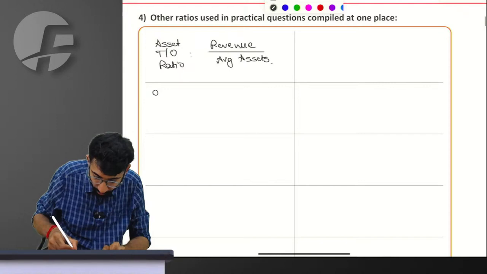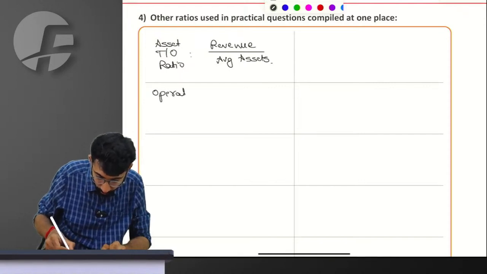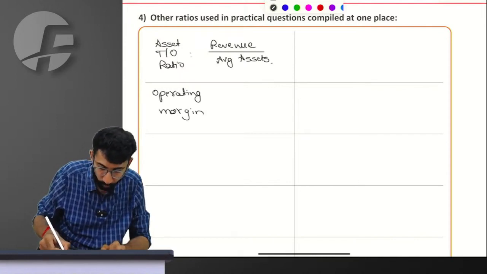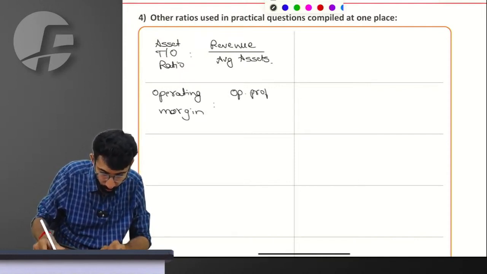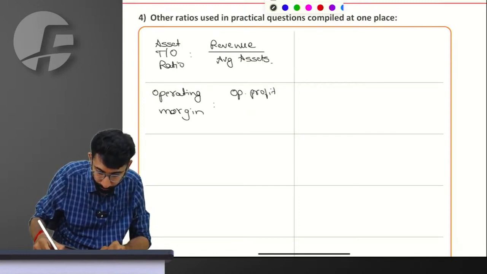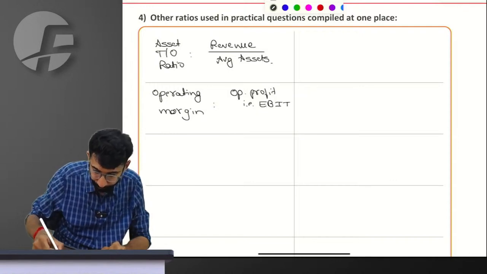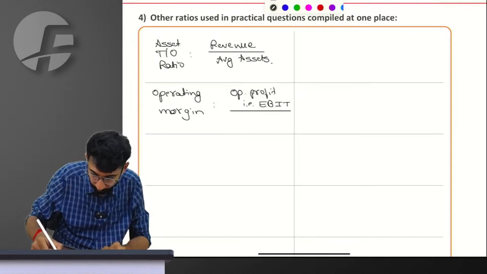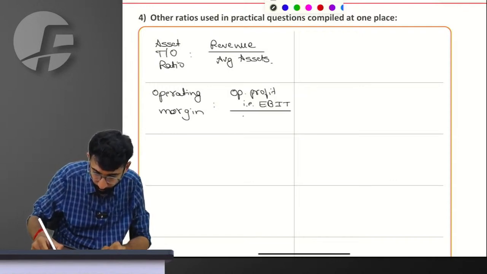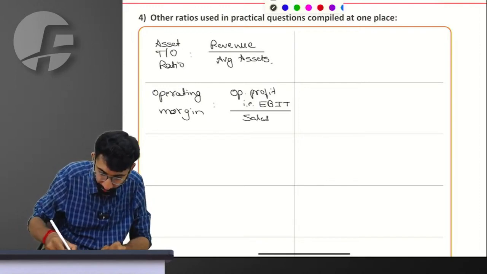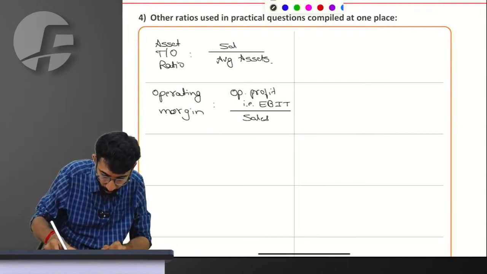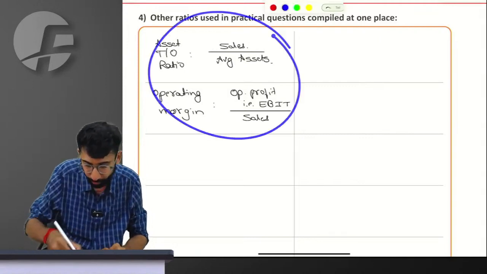Second formula, don't write it down here because I know a specific formula that will come here. On the next page, write down operating margin. In fact, let me use the word sales because the word revenue is actually not used in AFM in general.